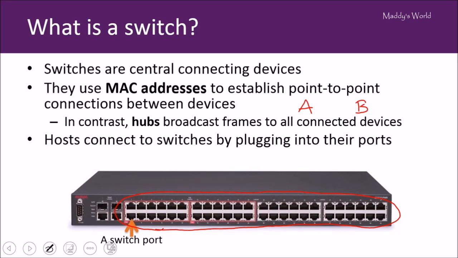Hosts, of course, connect to switches by plugging an Ethernet cable into the host and into a switch port. Okay. Another cool thing to note is that every single port on a switch is associated with its own specific MAC address, right?